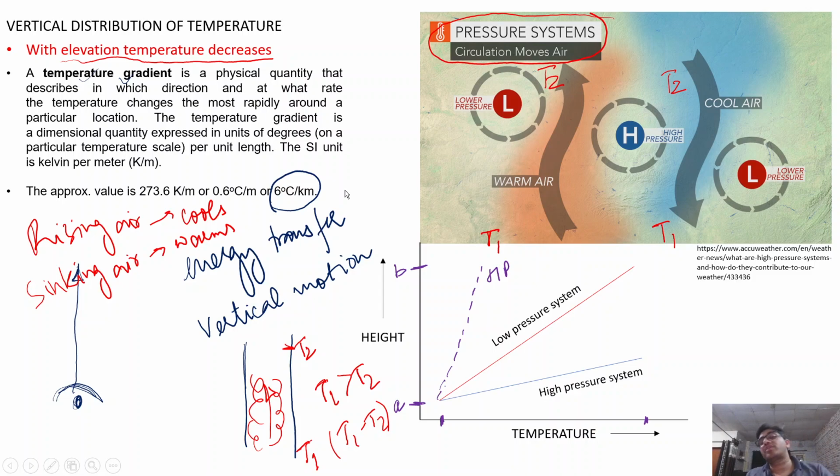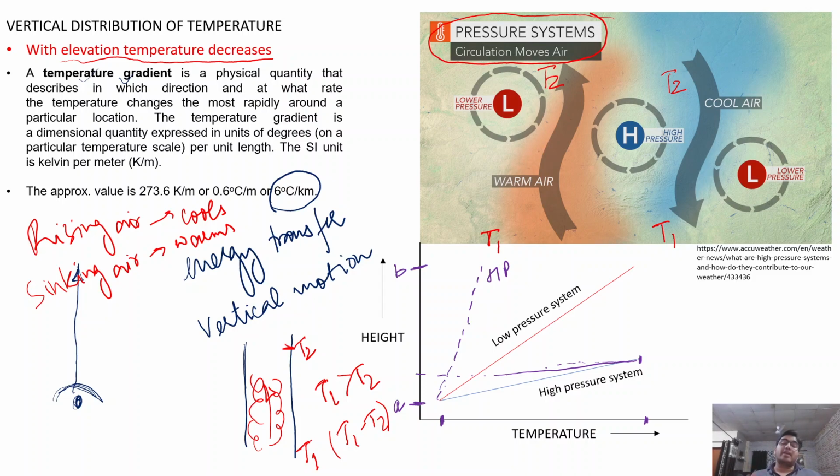So I hope you understood what is the impact of pressure systems on the change in the temperature vertical distribution. Now if we have this high pressure system, the second plot, if you see over here, for a range of temperature, there is some height over here. For the same range of temperature for the low pressure system, it will be a different scenario.